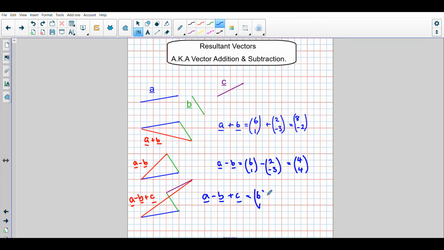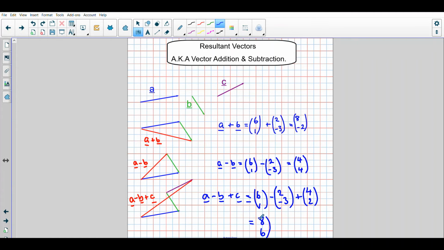So we would have 6, 1, minus 2, negative 3, then we're going to add on C. Well, C goes 4 along and 2 up. So it gives us 4, 2. So 6 minus 2 plus 4 gives us 8. Then 1, take away negative 3 is 4, plus the 2 gives us 6.